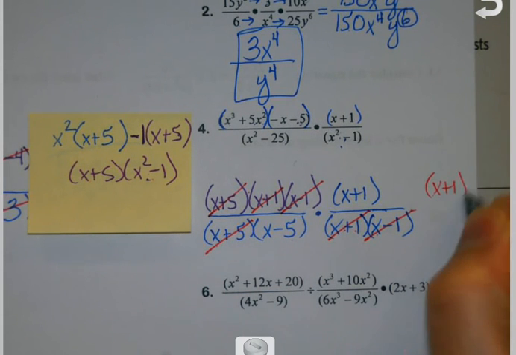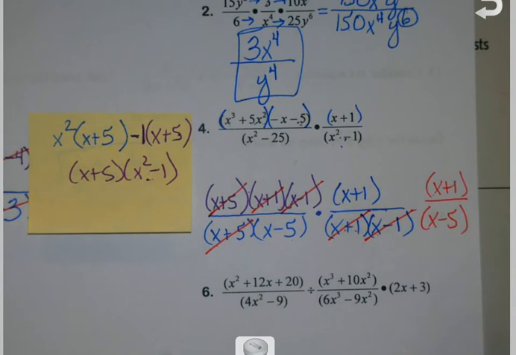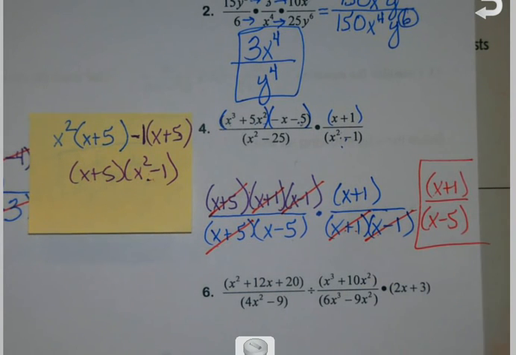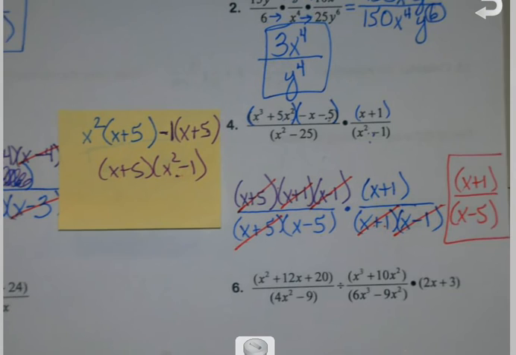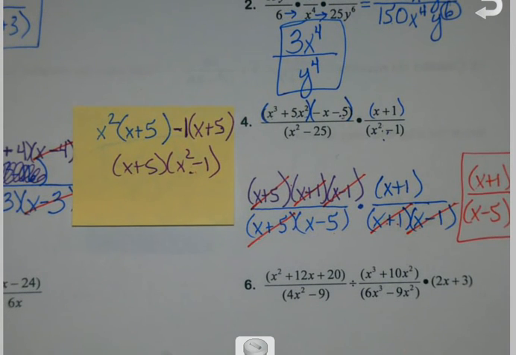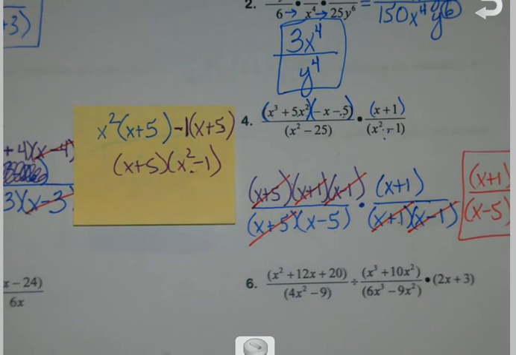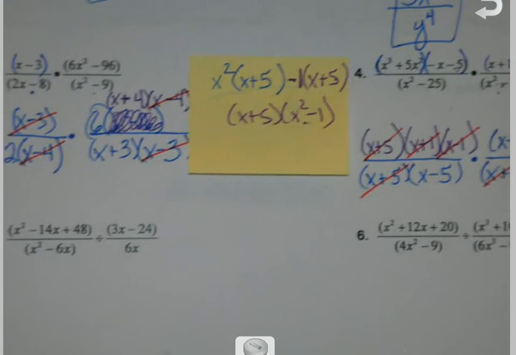X plus 1, x minus 5. They are not the same parentheses. That's as good as it's going to get. Ooh, that one was kind of crazy. But again, taking your time, using your help sheet to guide you along is the way that you want to do that.